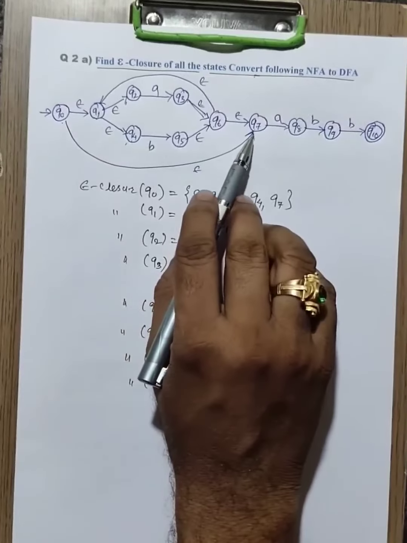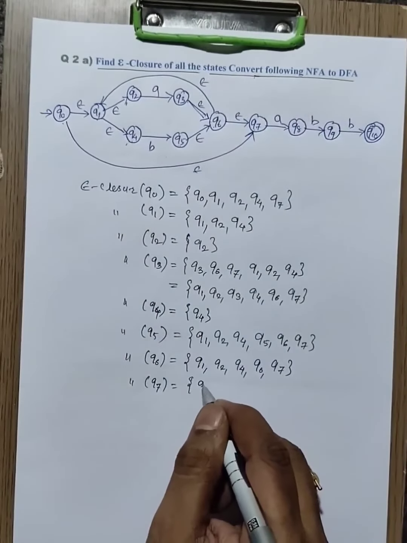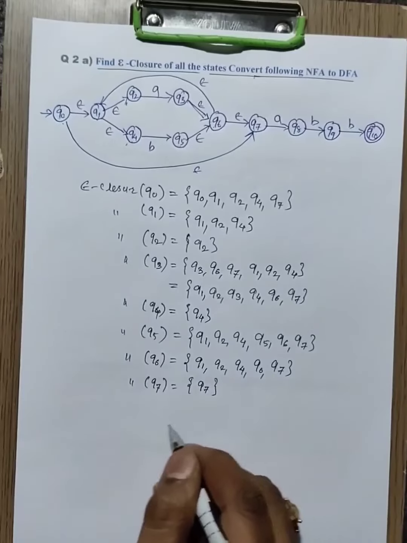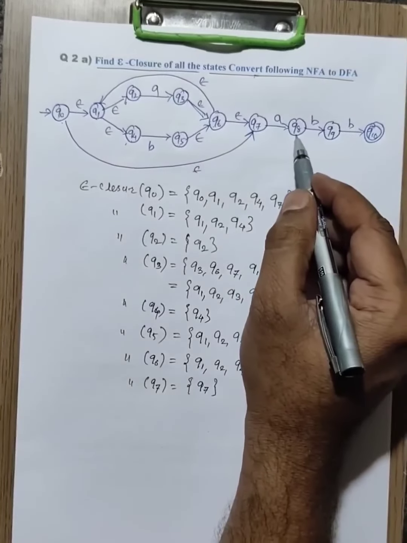Epsilon closure of Q7: from Q7, is there any epsilon transition? No. Epsilon closure of Q7 is Q7. Epsilon closure of Q8 is Q8 itself.